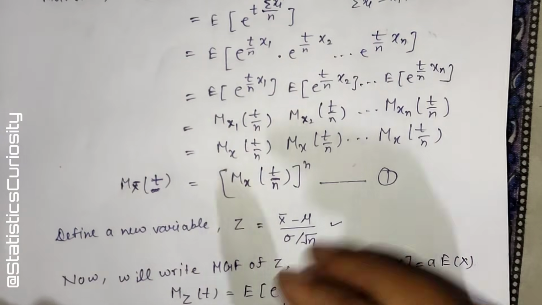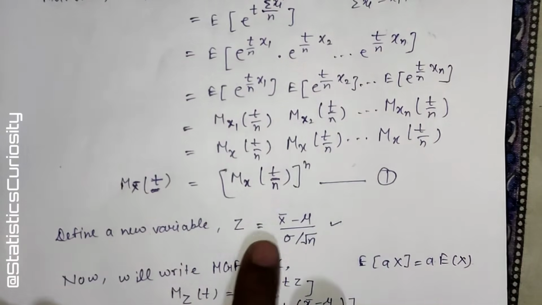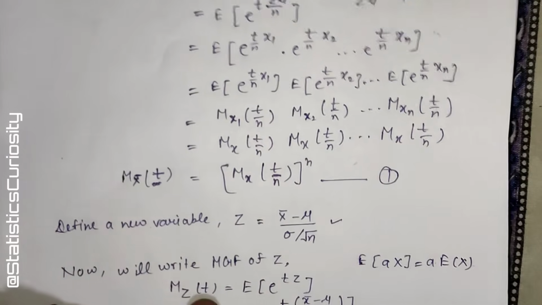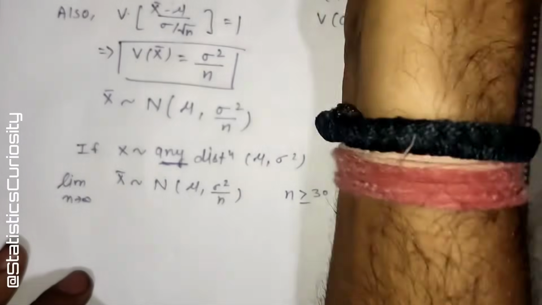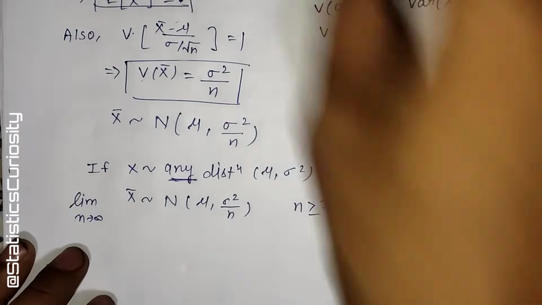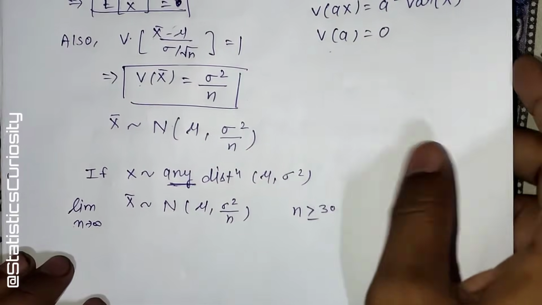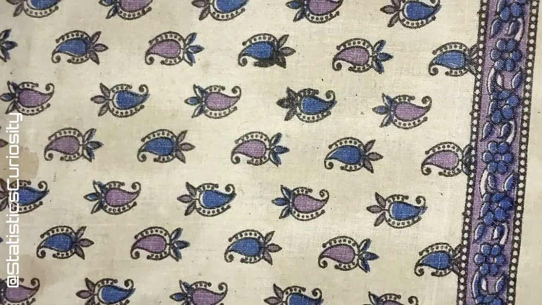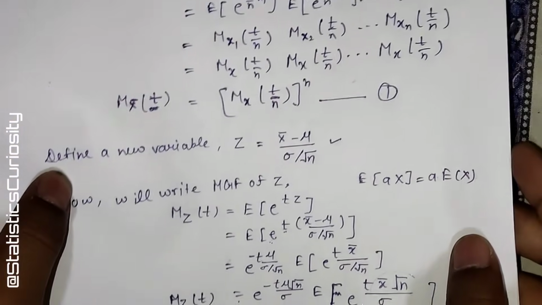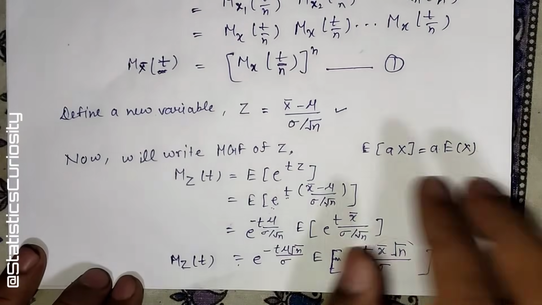In this second step, we write the moment generating function of this Z, M z of t.